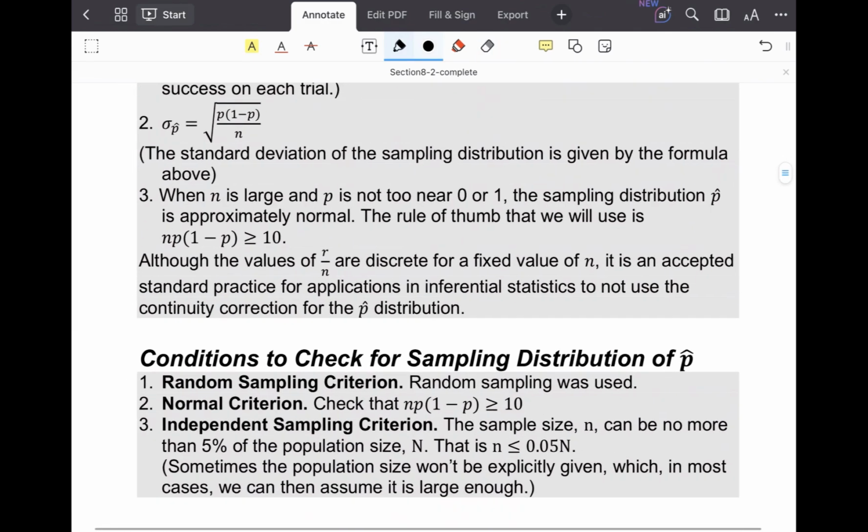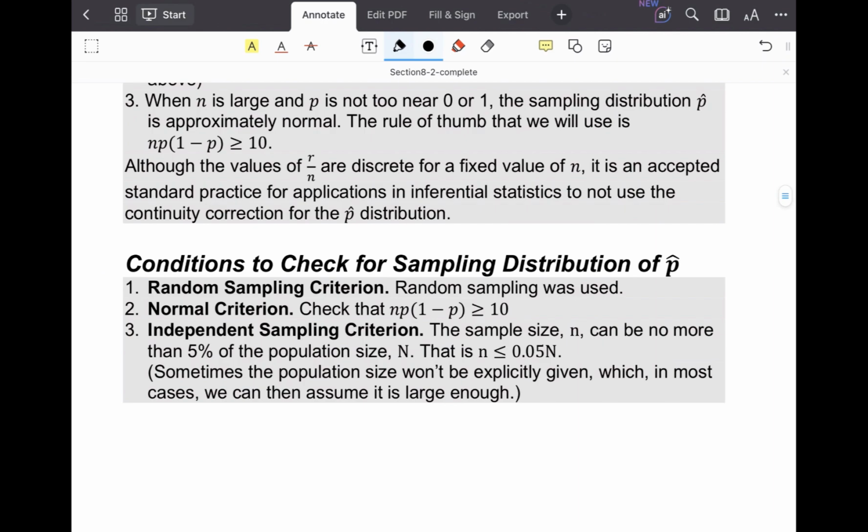Okay, now I have these conditions down here. Random sampling is the same, and the independent sampling also the same as what we saw from the mean, but this normal criteria here is different. We check the rule of thumb, N times P times 1 minus P is greater than or equal to 10. Now, you may see other rules of thumb that people use. It's not fully agreed upon within the realm of statistics.